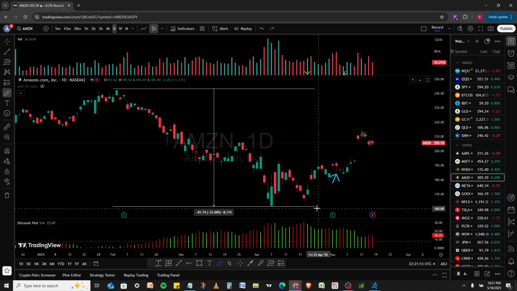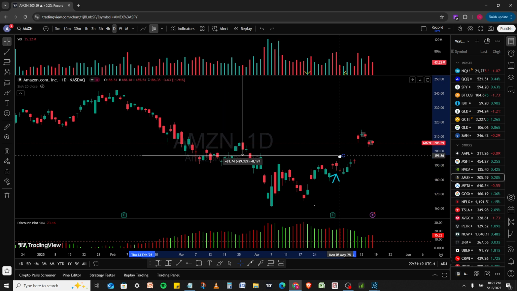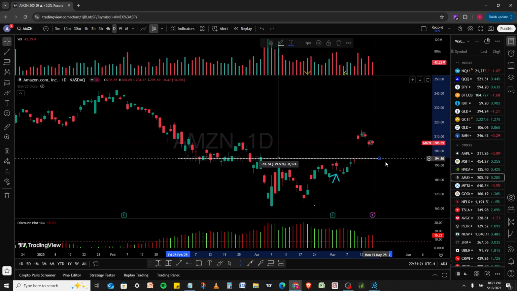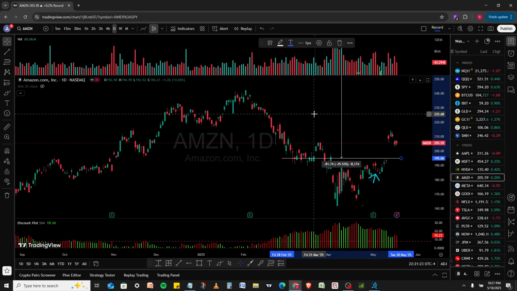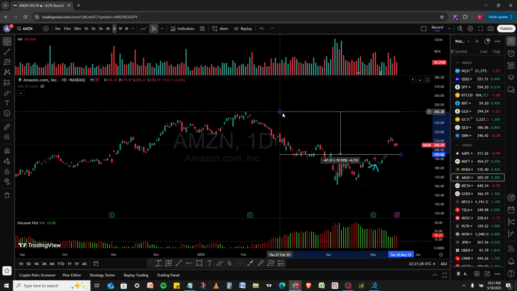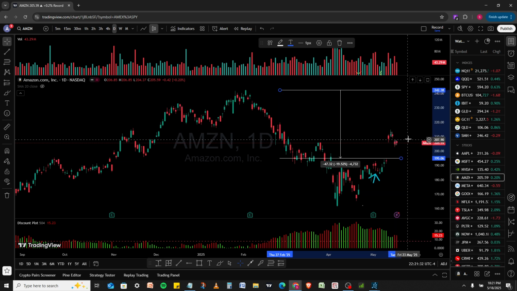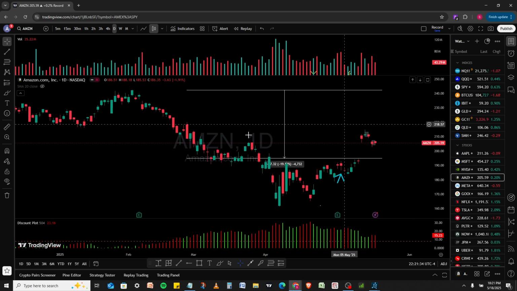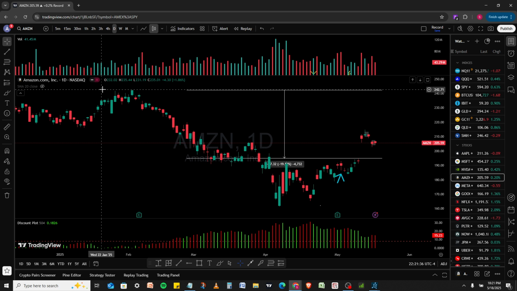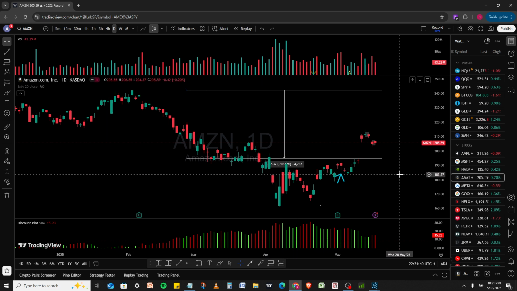If you draw from this all-time high to this level, it's roughly around 20%. So that is the discount you can get from the all-time high if you are willing to buy Amazon around 195-ish. It's also a decent pullback to consider for long-term holding.